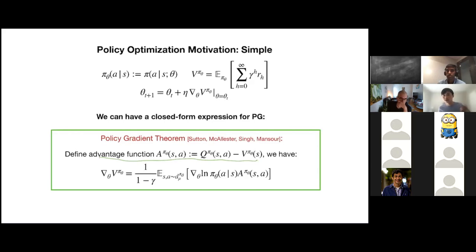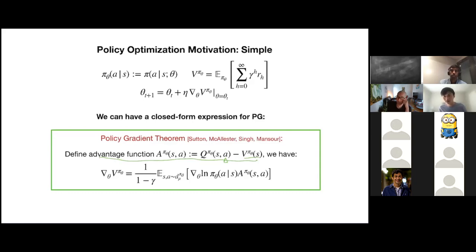So we are computing the difference between two procedures. The first procedure is taking action A first and then following policy pi. The second procedure is just following policy pi all the way to the end.